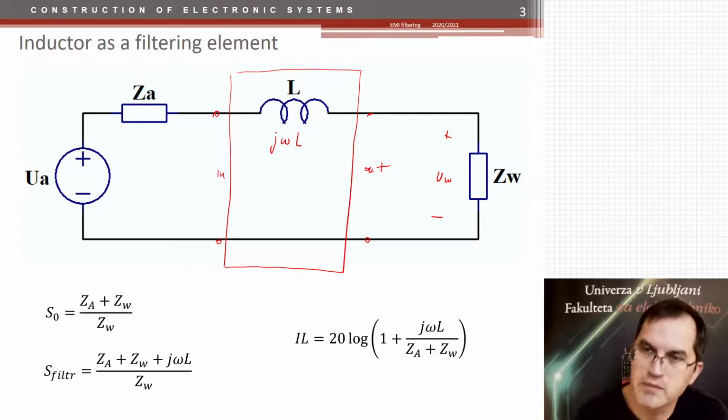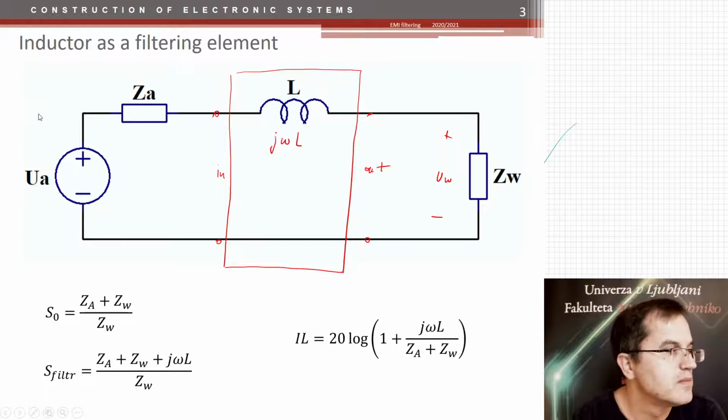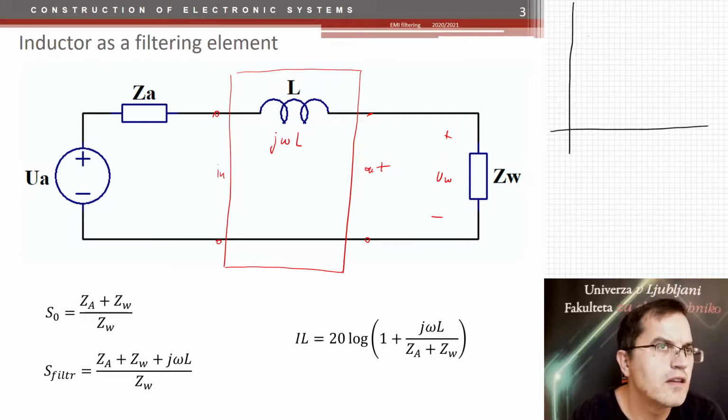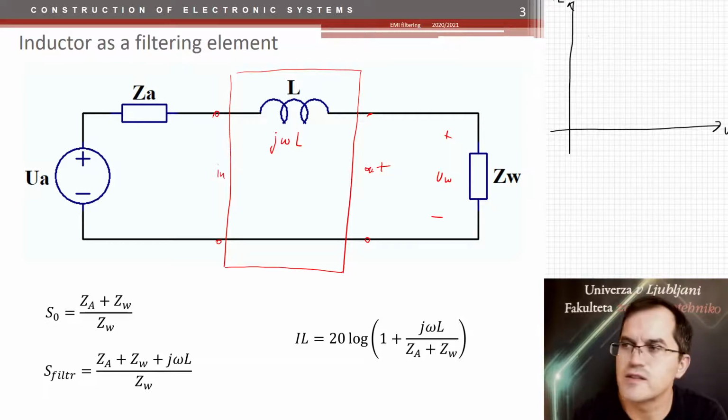Now, let me draw you an expected insertion loss. I will draw a graph here. This is the frequency, here is the insertion loss. So the impedance of the coil increases with frequency, right? At low frequencies, it is almost 0. So if this term here, jωL, goes to 0, then the insertion loss is 1.